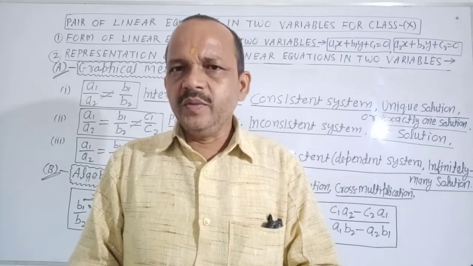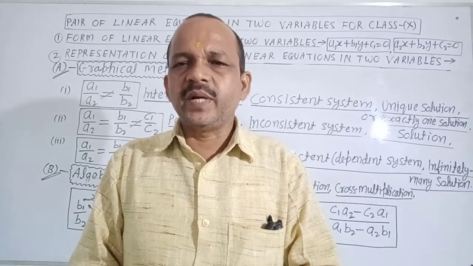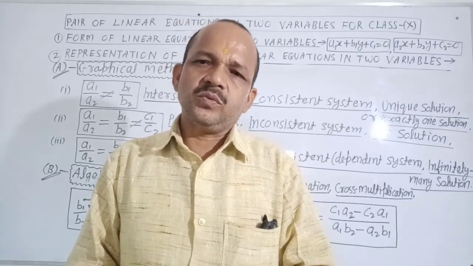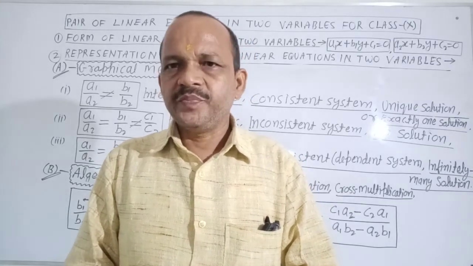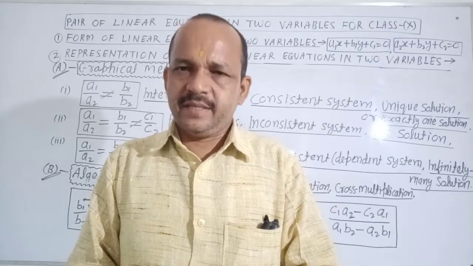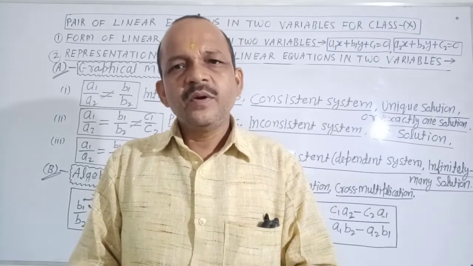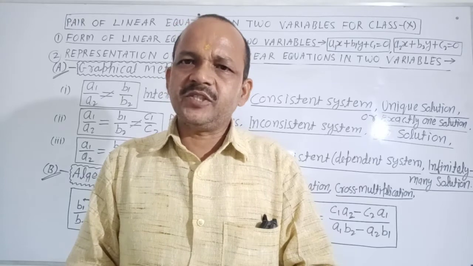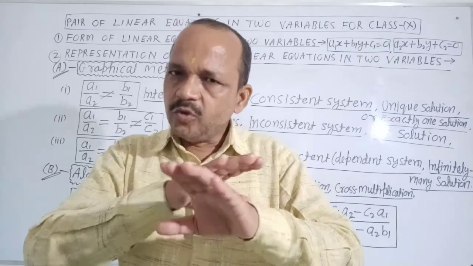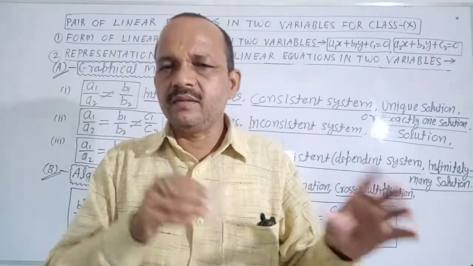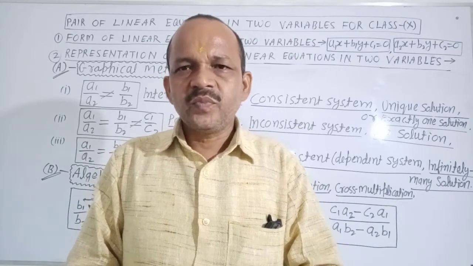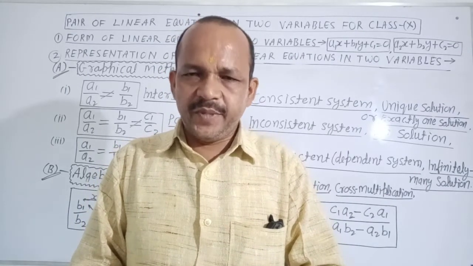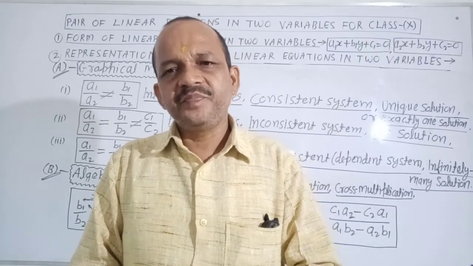Second, a1 by a2 equal to b1 by b2 not equal to c1 by c2. It shows parallel lines, inconsistent system and no solution. Third, a1 by a2 equal to b1 by b2 equal to c1 by c2.